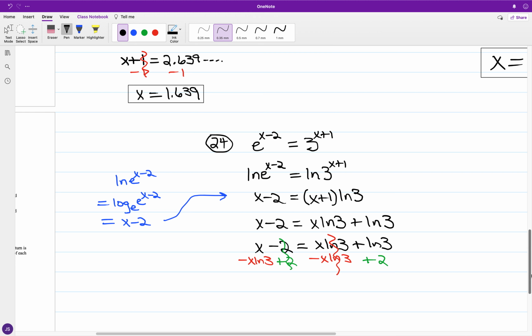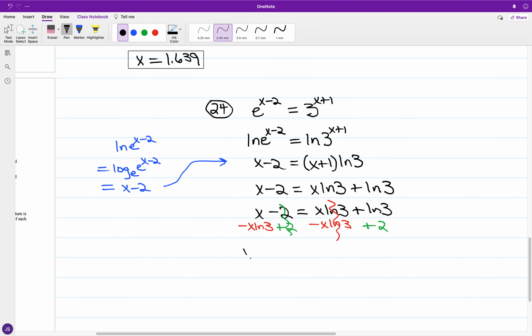And so to the left we're going to have x minus x times the natural logarithm of 3 is equal to the natural logarithm of 3, followed by the addition of 2.